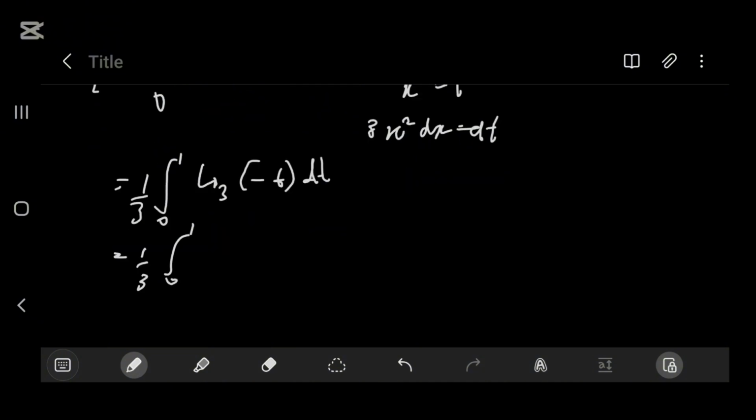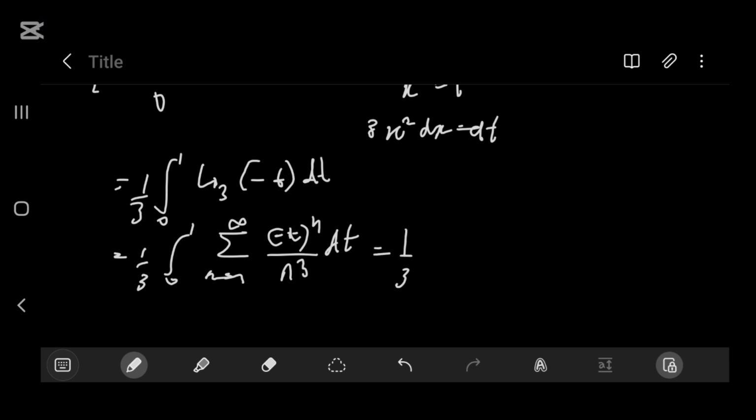We know that the trilogarithm of minus t is actually the sum from n equals 1 to infinity of minus t to the power n over n cubed.